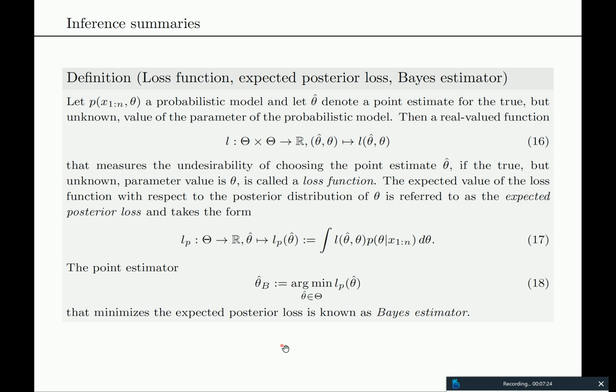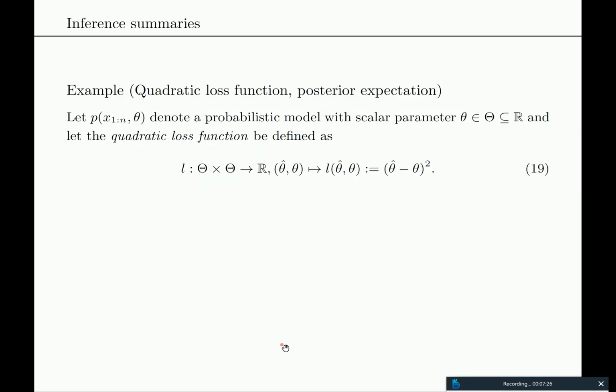Let's look at examples for different loss functions. So the first example here is a quadratic loss function. That's a very common thing, of course, to do. What this loss function encodes is that you incur loss if your point estimate deviates from the true but unknown parameter, and if you are further away from that, you punish that more because you have the square relationship.